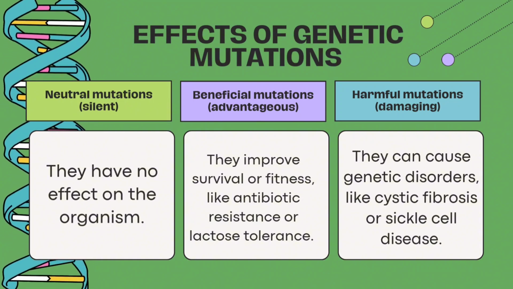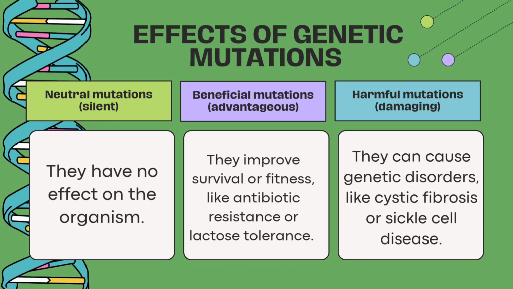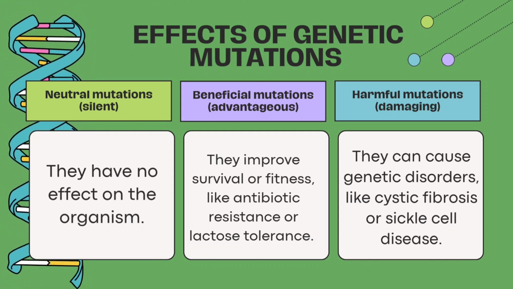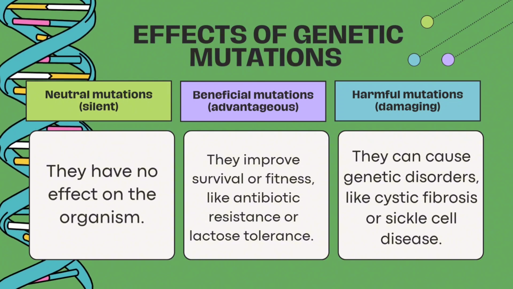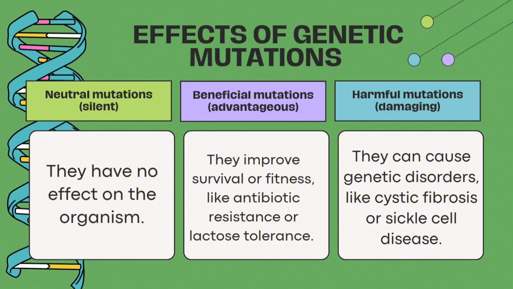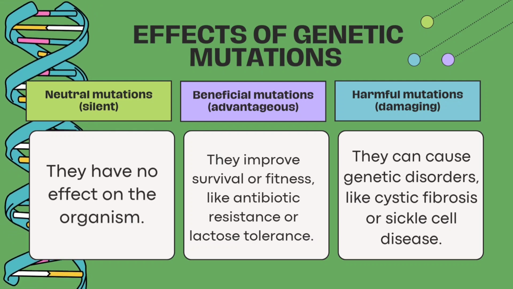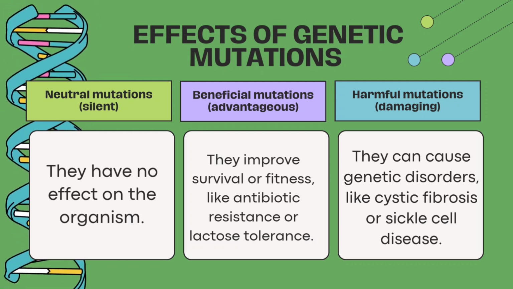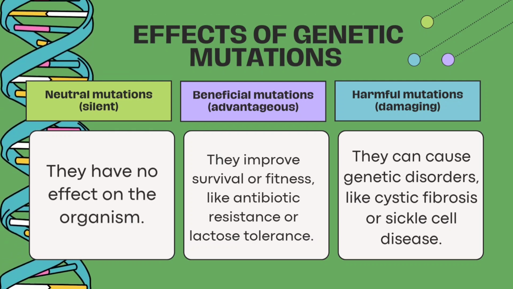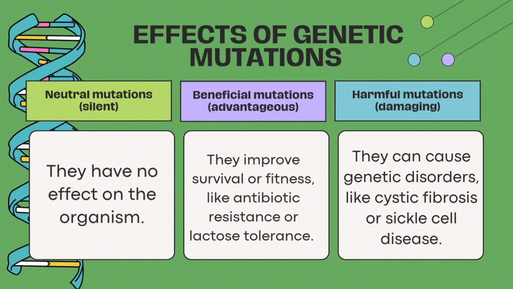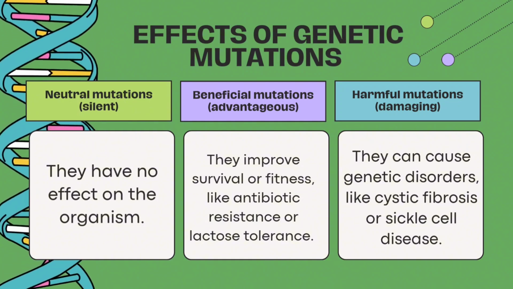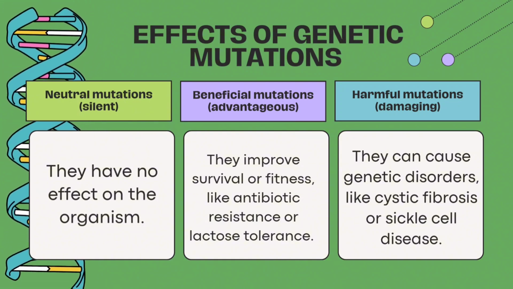This can cause blockage in blood vessels, leading to pain and organ damage. Interestingly, despite its harmful effects, sickle cell disease also provides a survival advantage against malaria, showing how even harmful mutations can have a complex evolutionary impact.